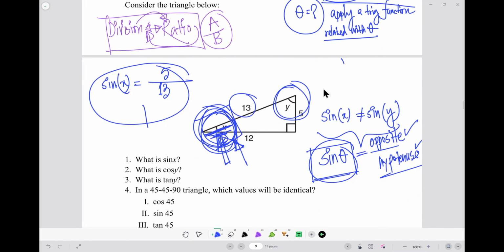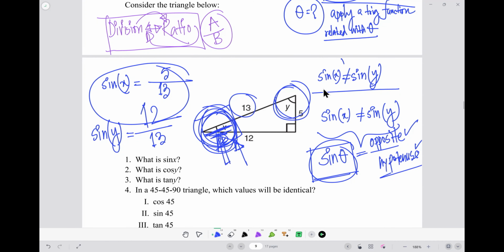But for the sine of y, the opposite side would be 12, divided by the hypotenuse side, that is 13. So it's very simple. For a given right triangle, the sine of x is not equal to the sine of y.